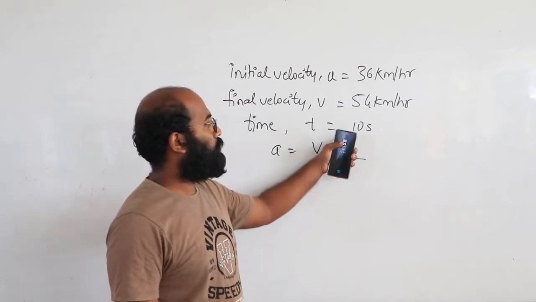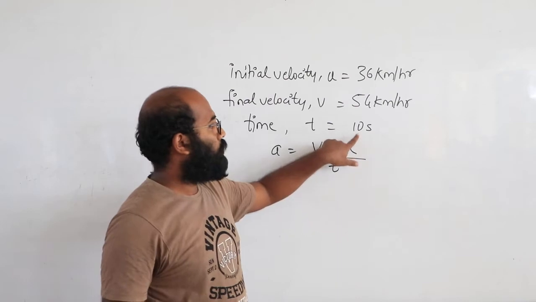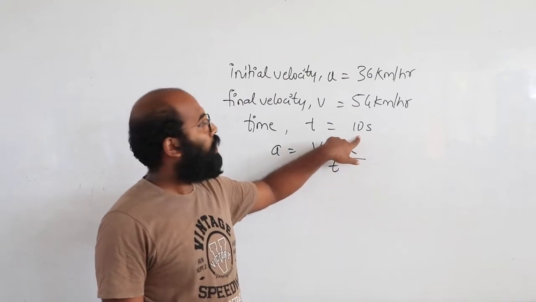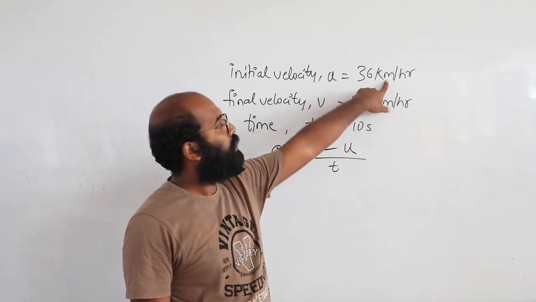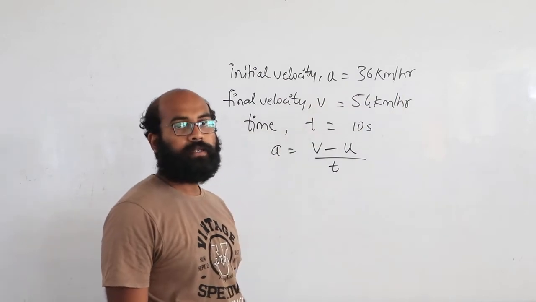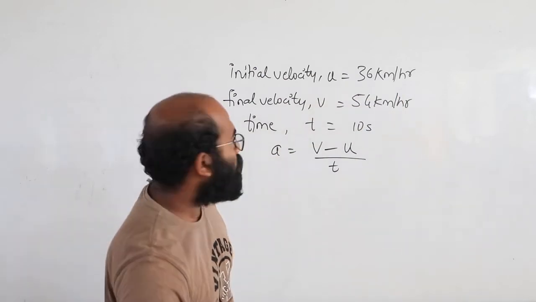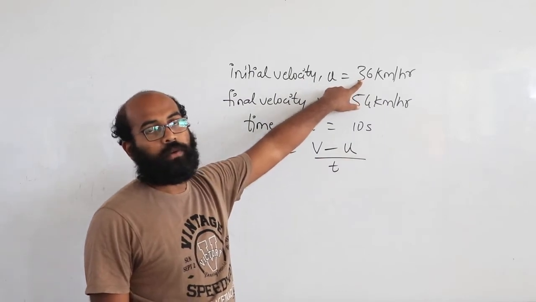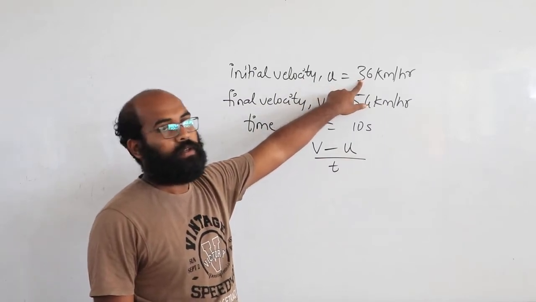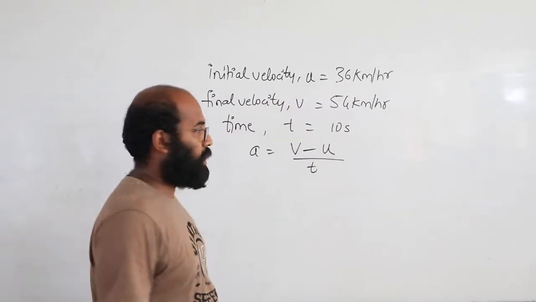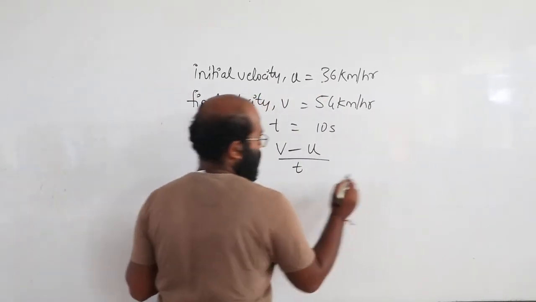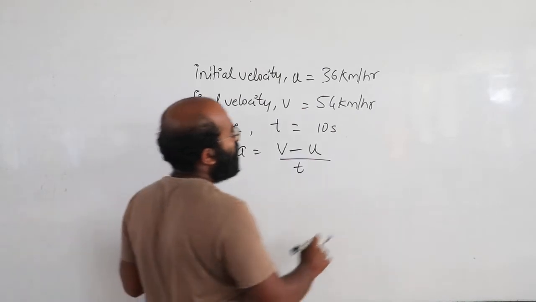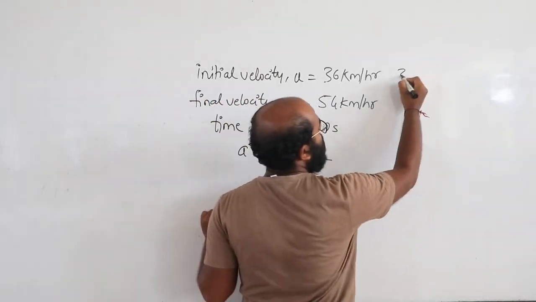So either you need to change this to hours, or you need to change the kilometer and hour to meter and second. So what I'll do is, I'll change this to meter per second. So if you want to change this to meter per second, I'll do the conversion here.